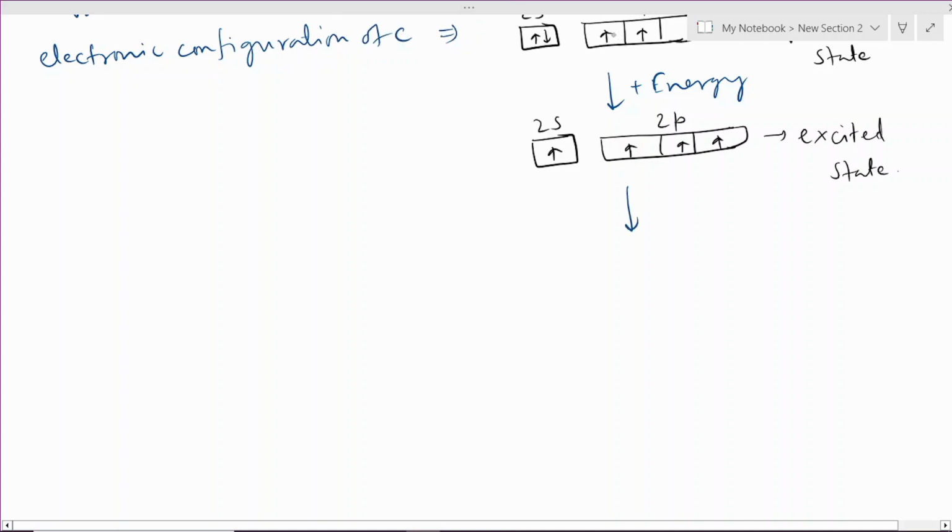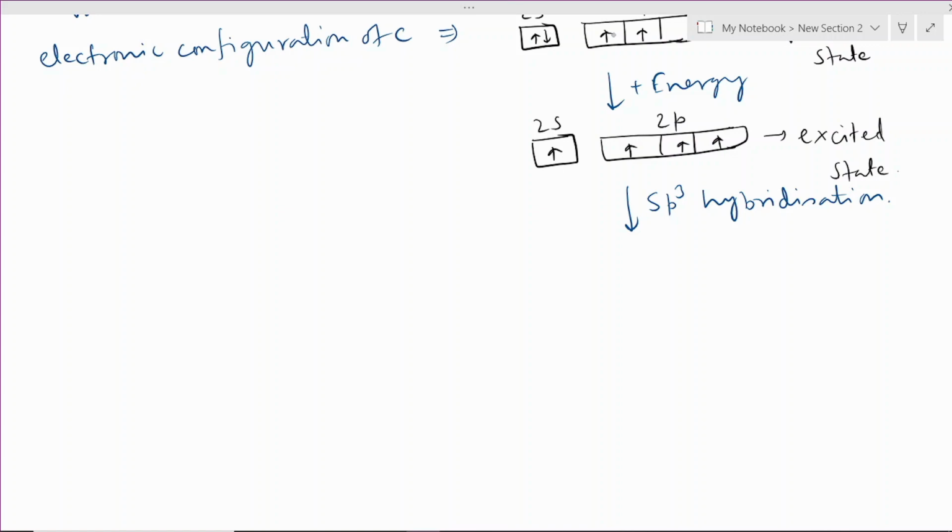Then hybridization takes place, that is sp3 hybridization. In sp3 hybridization, one 2s orbital overlaps with three 2p orbitals and gives four sp3 hybrid orbitals.